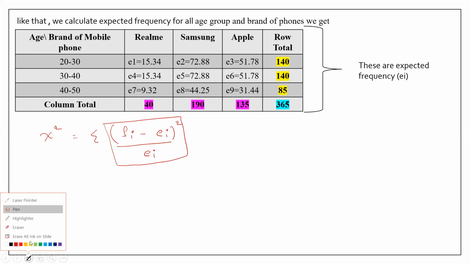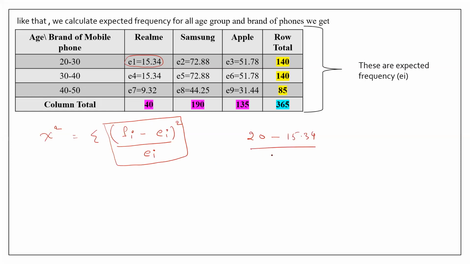For this particular cell, the observed frequency is 20, minus 15.34, whole square, divided by Ei, which is again 15.34. When you calculate that, that will be the value for the first cell.